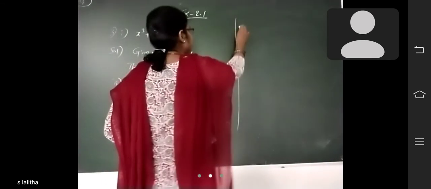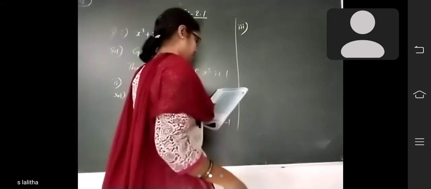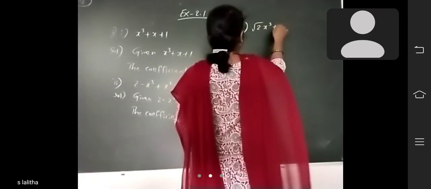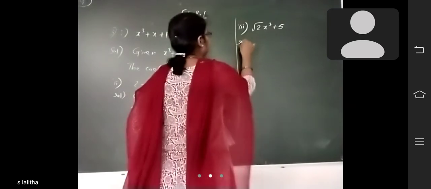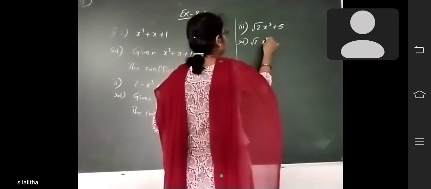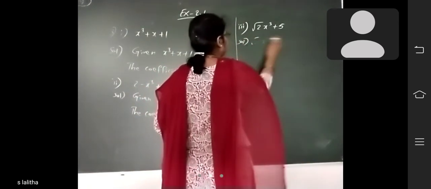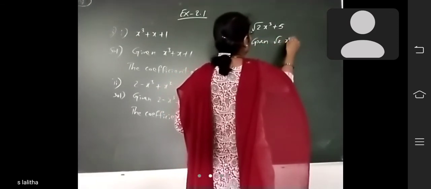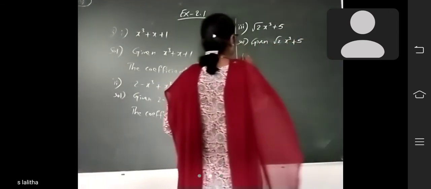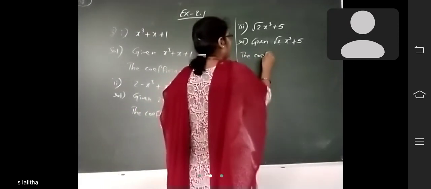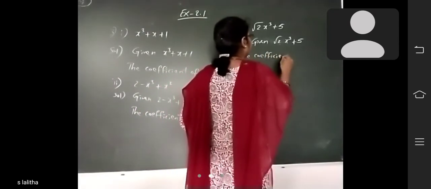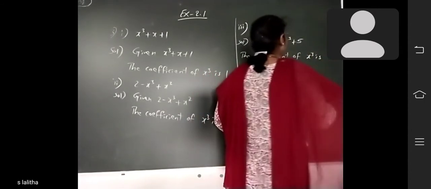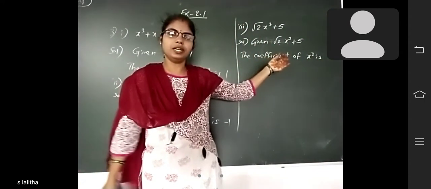Next, third one. Root 2 x cube plus 5. The coefficient of x cube is, what is the coefficient of x cube here, children?